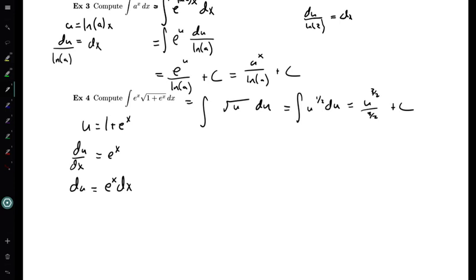Going back and replacing our u's in terms of its expression in terms of x, we know that u is 1 plus e to the x. And dividing by 3/2 is the same as multiplying by 2/3. And we have plus c. So kind of nice to have the fact that e to the x is its own derivative in order to do this sort of integral computation.